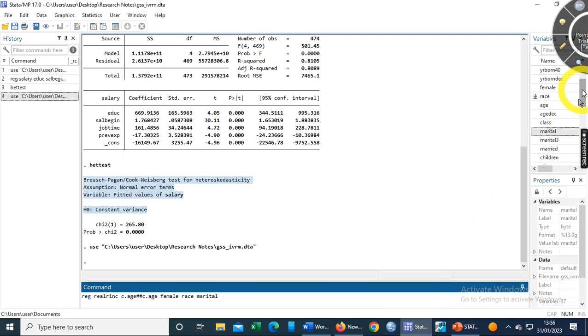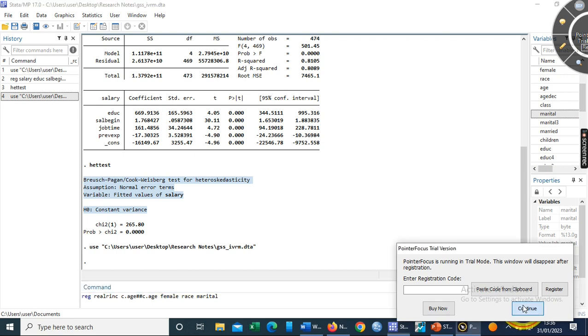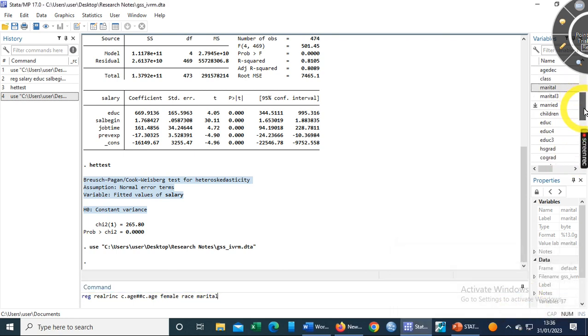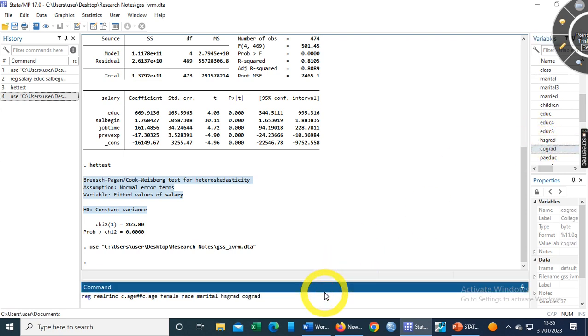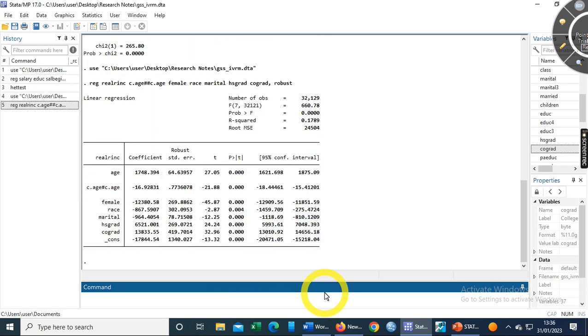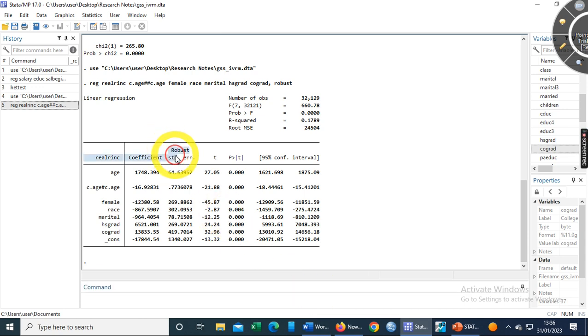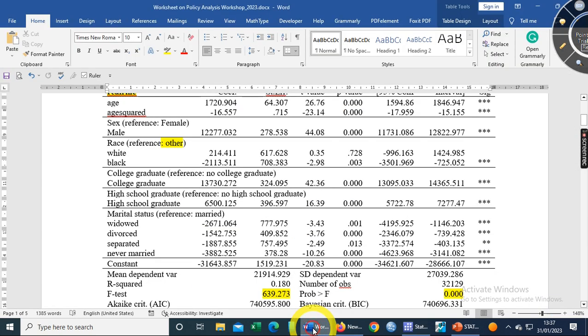Let me add the two variables left, high school graduate and college graduate, and then, as an option, you include robust here, and this gives you a robust regression analysis. Look, we have robust standard errors here, and therefore when you come across a heteroscedasticity problem, you can run a robust regression.